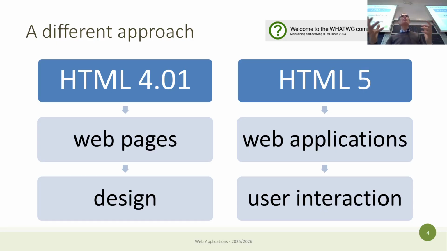This was realized by the people developing HTML, and so when developing HTML5 they considered that nowadays HTML and all the related technologies are used mostly to develop web applications, as we are doing today in this course.